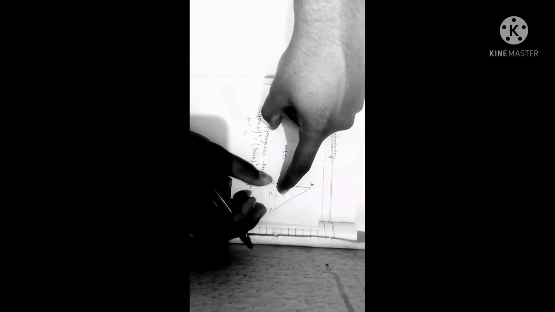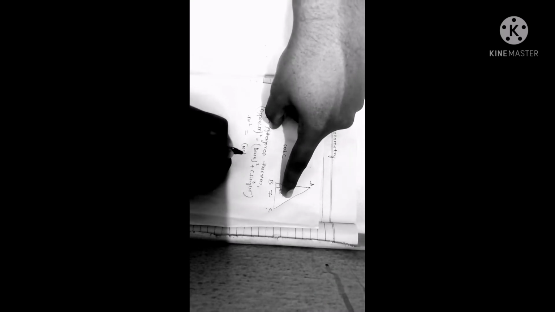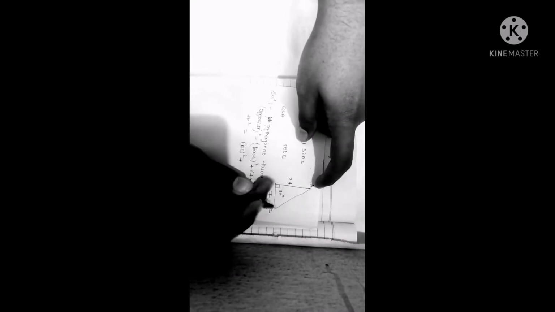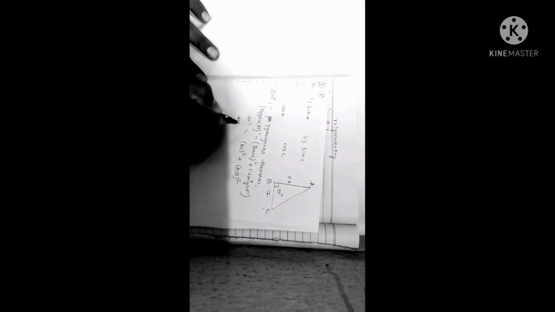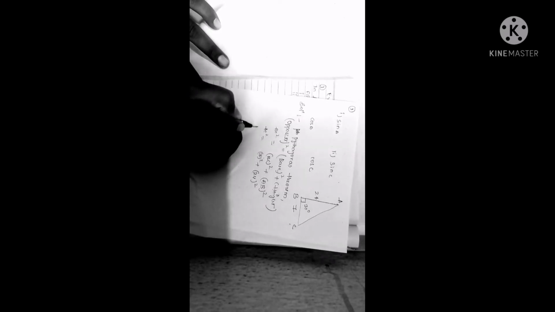Base is BC square, height is AB square. What is AC? We don't know, so put it as it is, AC square. BC value is 7 square, AB is 24 square.